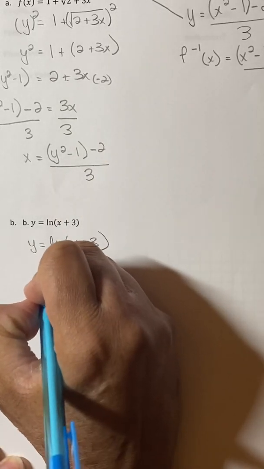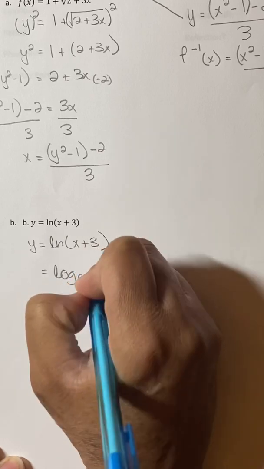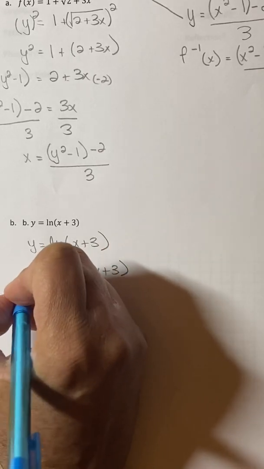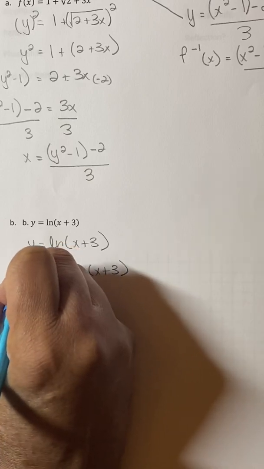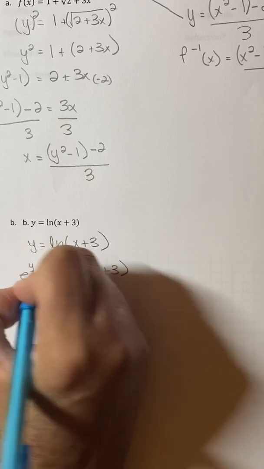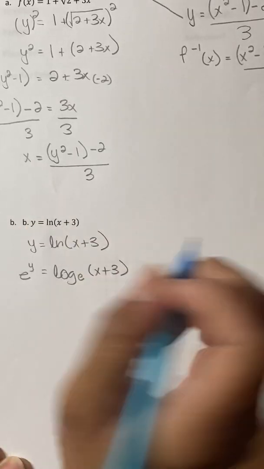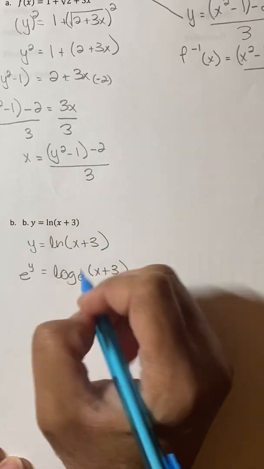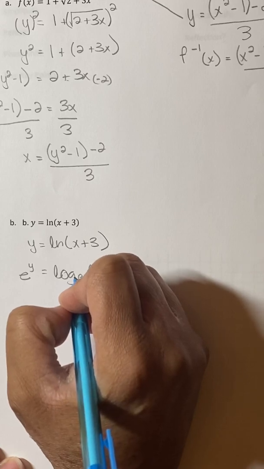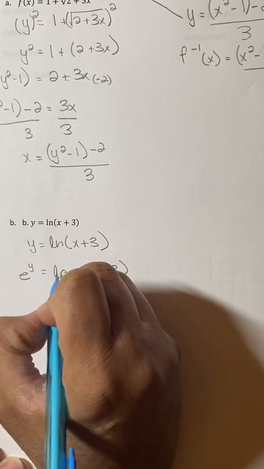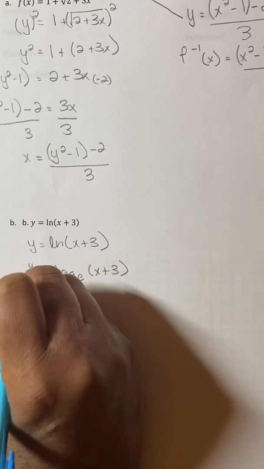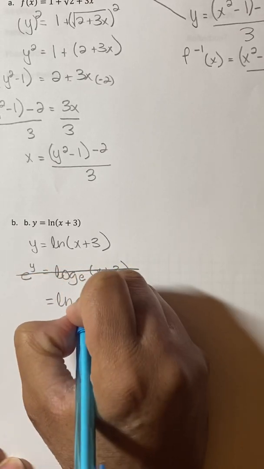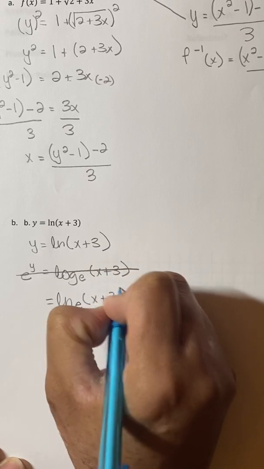So we're going to make log e of x plus 3, and then we're going to put e to the y on that side. Sorry, I got a little tongue-tied. So let's do it like this. It's going to be a little easier. So scratch that out. Let's do natural log of e to the power of x plus 3.